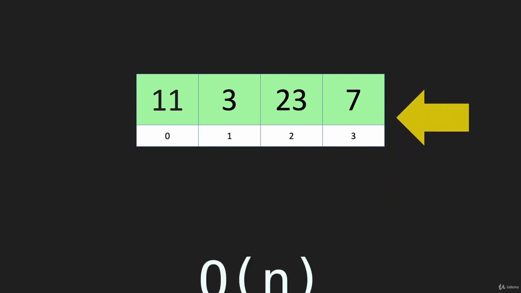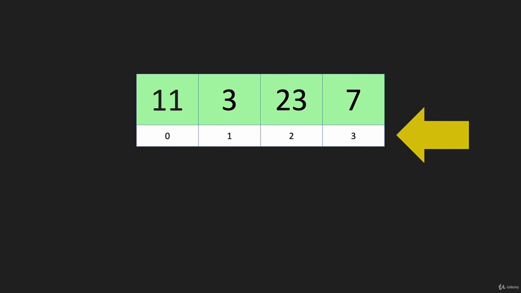But if you search by index and you say, tell me what's at the index of 3, those indexes allow you to go directly to that place in memory as an O of 1 operation. This is one of the big advantages of arrays, that we can find something in an array with 1 million items in it and go to item 400,000, say, and it is an O of 1.